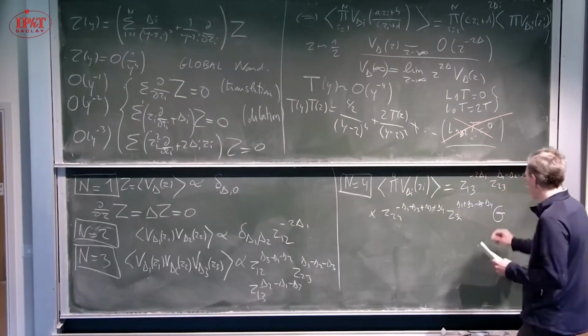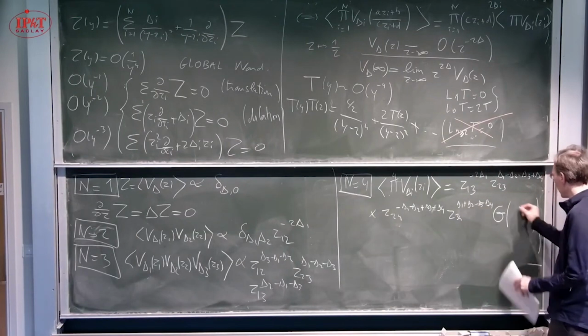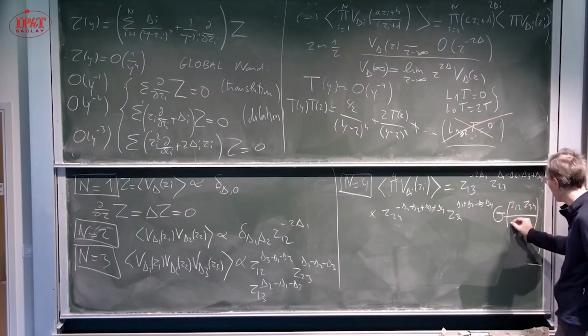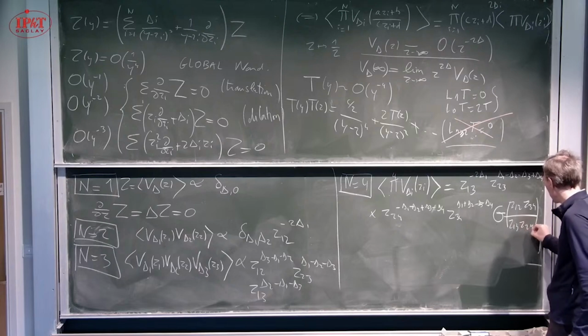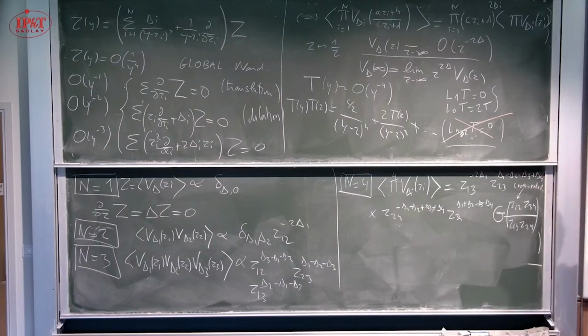And you're left with an arbitrary function G. It's not just a constant, it's a function of a combination called the cross ratio, Z12 Z34 over Z13 Z24. So, a bunch of powers of differences of positions times an arbitrary function of the cross ratio.